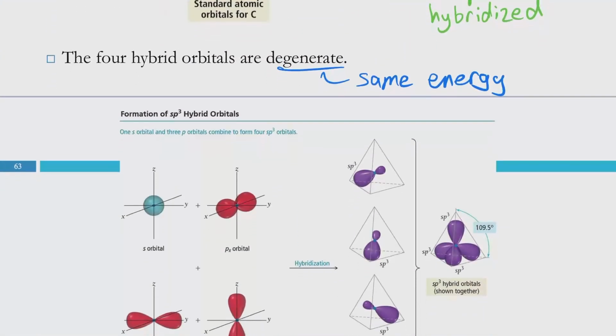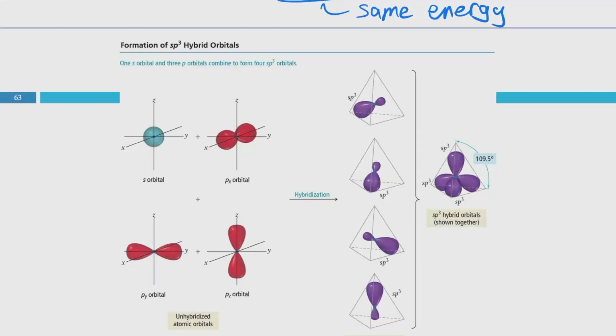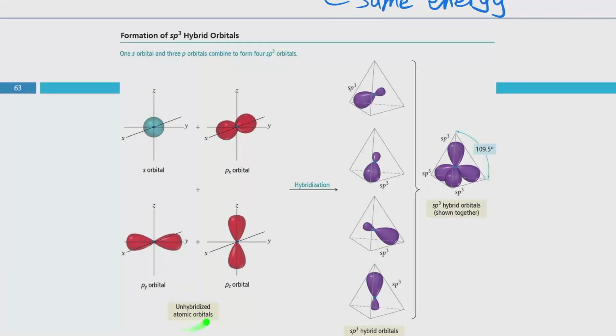And if we look at the shape, on the left we're looking at our unhybridized atomic orbitals. These are the ones that we've seen before. So we've got our s orbital, it's round. We've got our px, py, pz orbitals, the dumbbells, or the single dumbbells, the peanut shape.